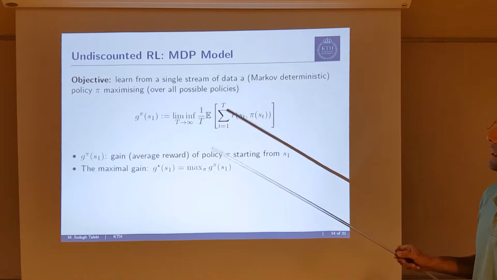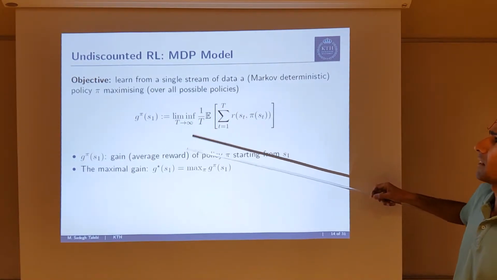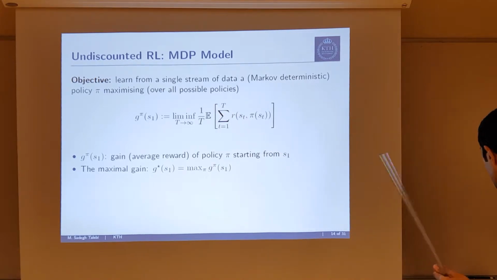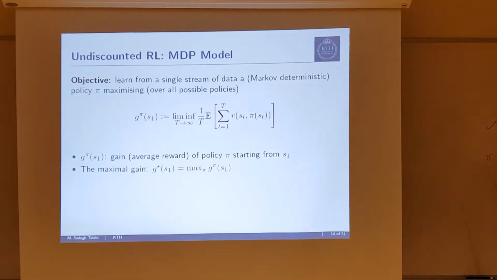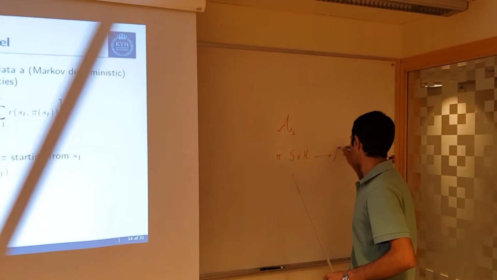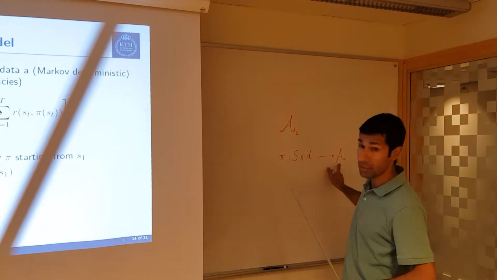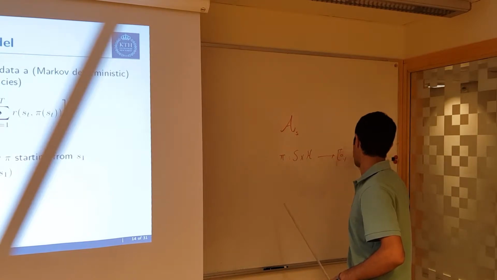So basically, a policy, which is not made precise here, is in general a mapping from states and history to a set of probability distributions over the action space.